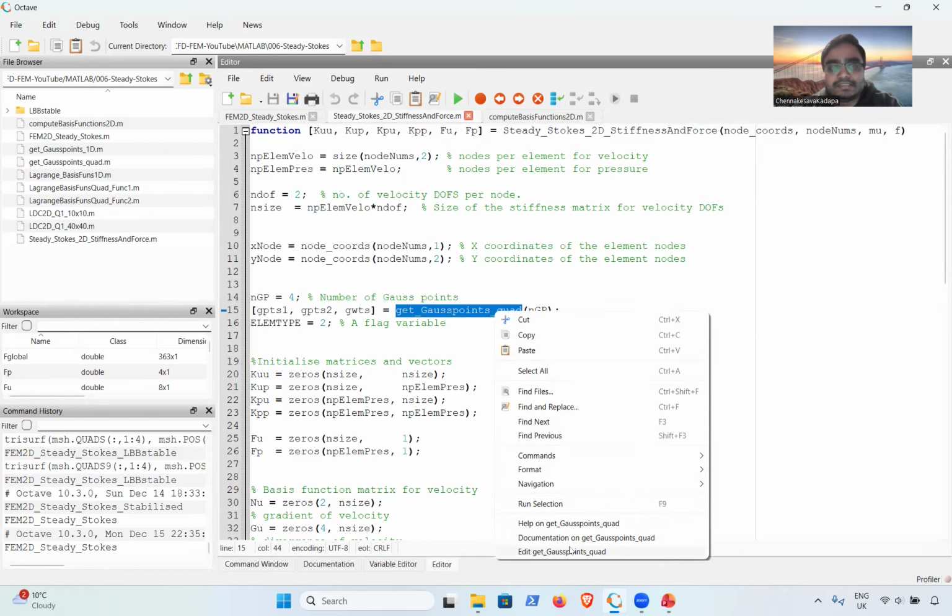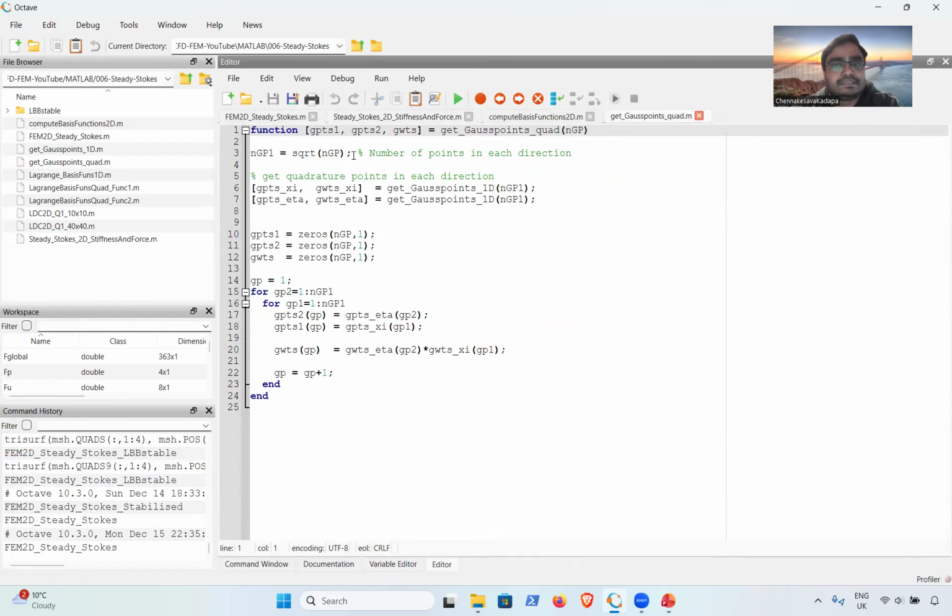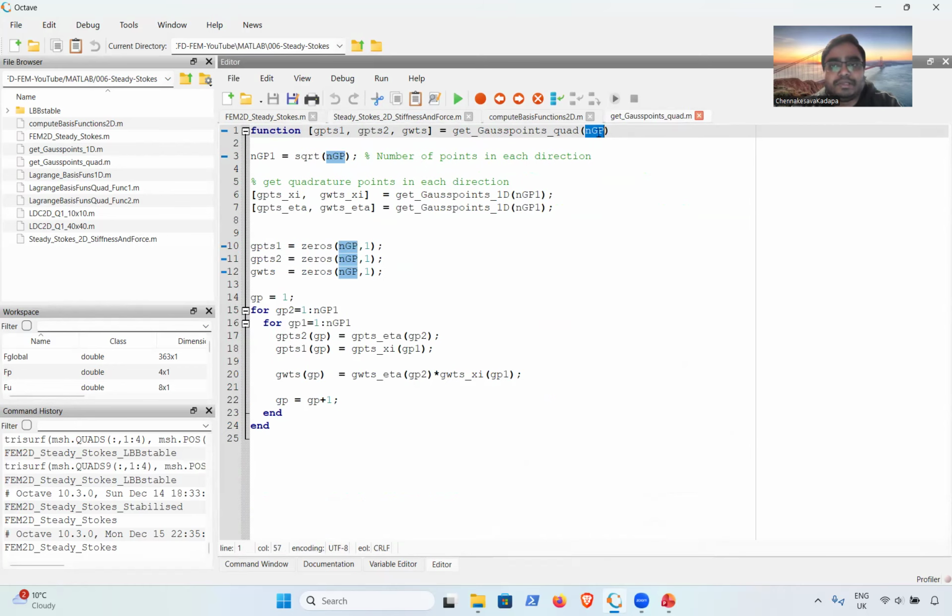What this does is it gets NGP, the number of Gauss points, as input, then it gets the Gauss points from 1D, and then it calculates the Gauss point coordinates for 2D. Okay, I will share these functions with you.